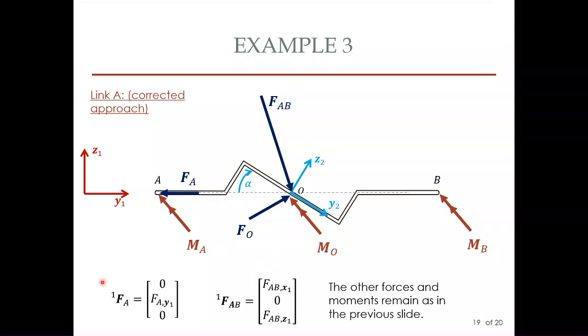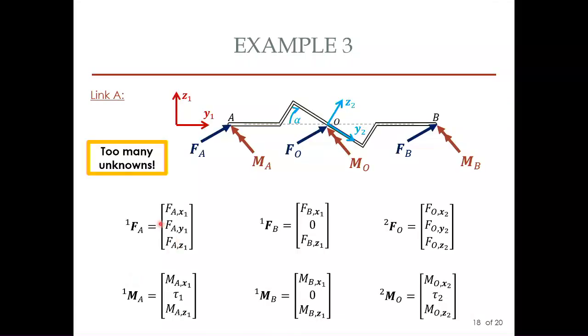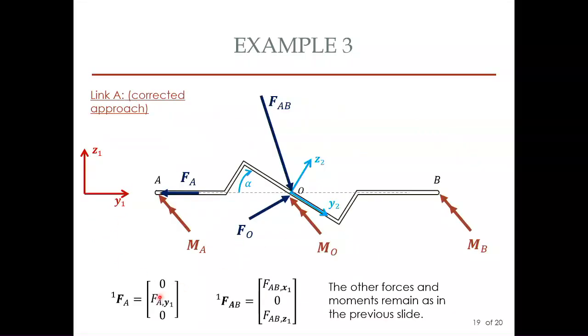This is a replacement for having the two FA and FB in this fashion here. So here you have 1, 2, 3, 4, 5 unknowns. Here you have 1, 2, 3 unknowns. So this should be fine in terms of the overall number of unknowns and the number of equations you will be able to set up.